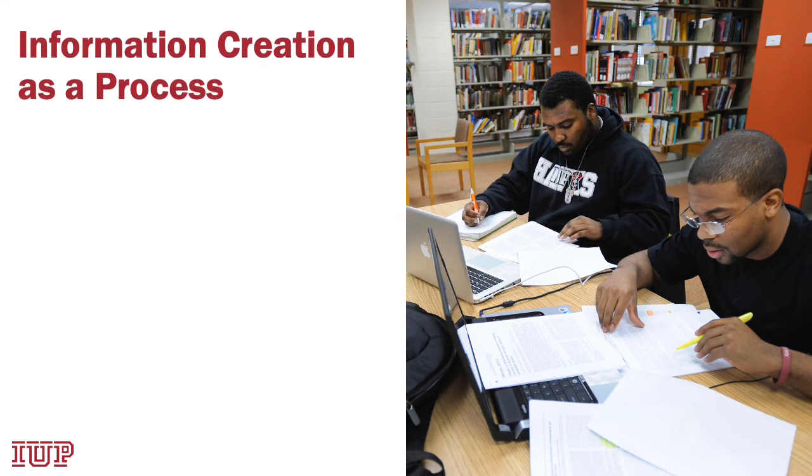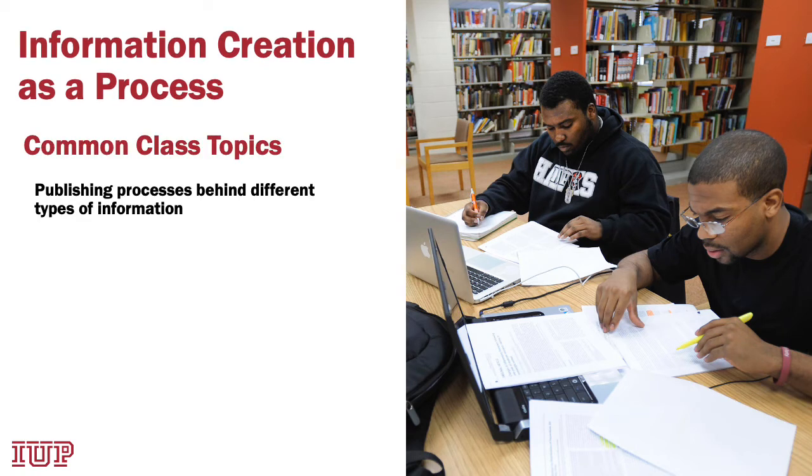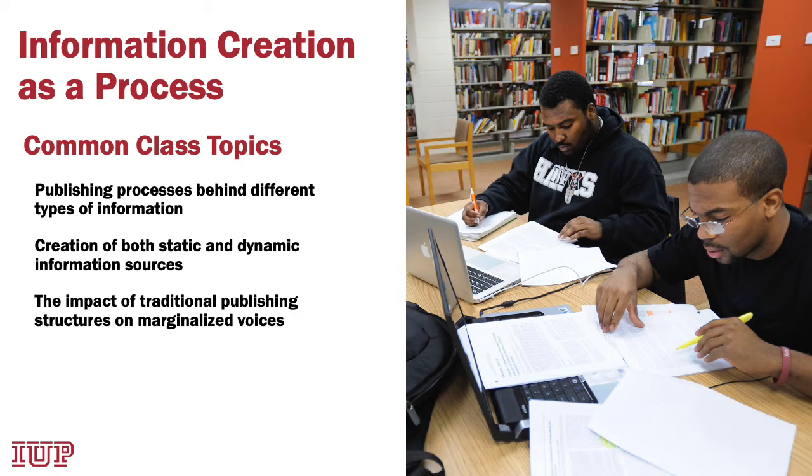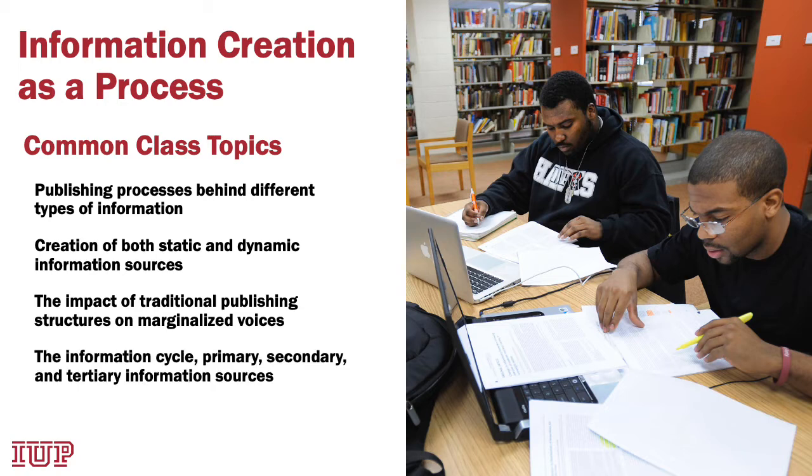Some common class topics for this frame include the publishing processes behind different types of information, the creation of both static and dynamic information sources, the impact of traditional publishing structures on marginalized voices, and the information cycle, including primary, secondary, and tertiary information sources.